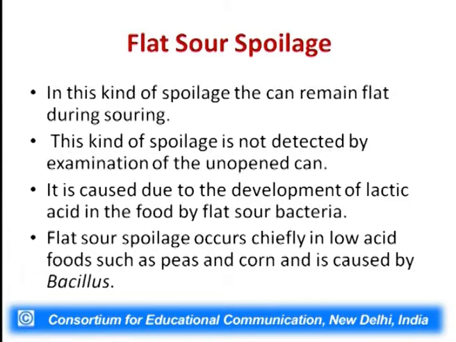So, without opening the can, you cannot detect flat sour spoilage. It is caused due to development of lactic acid in the food by flat sour bacteria. Flat sour spoilage occurs chiefly in low acid foods such as peas and corn and is caused by Bacillus.